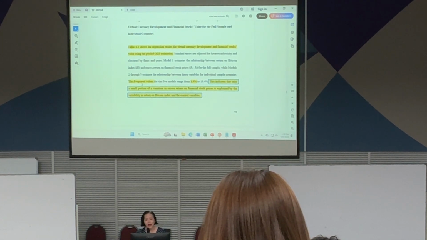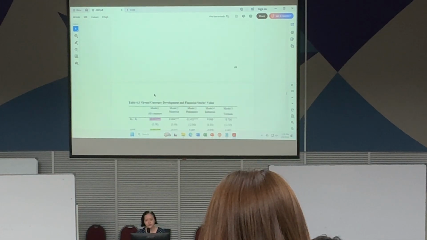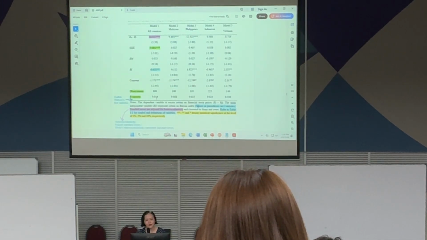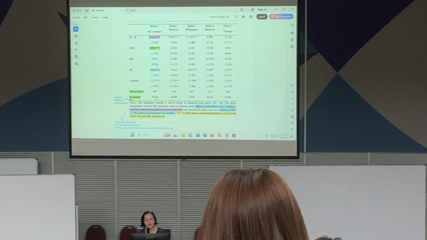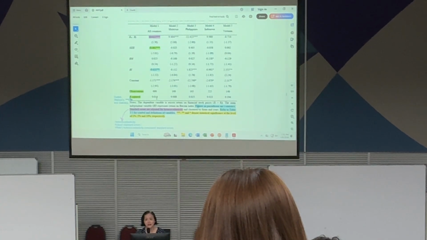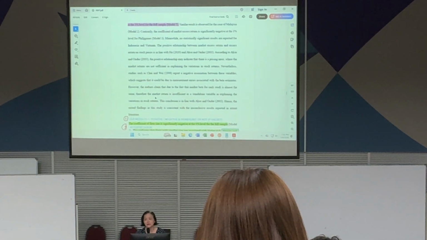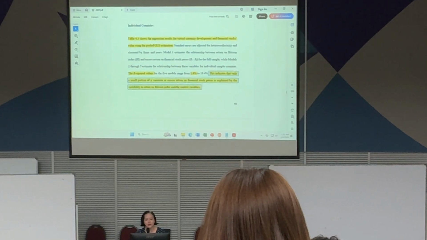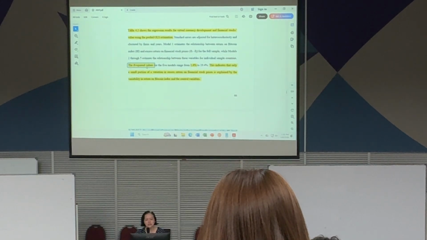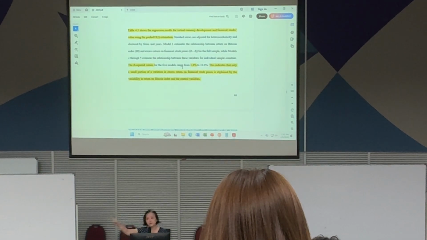But remember your R square? Here you can report your R square. My R square here for model 1, if I convert to percentage, is 1.4%. Good or no good? Maximum is 100%, but yours is only 1.4%. Let's see how we interpret. For the R square value, because here there are many models, the student put the range.